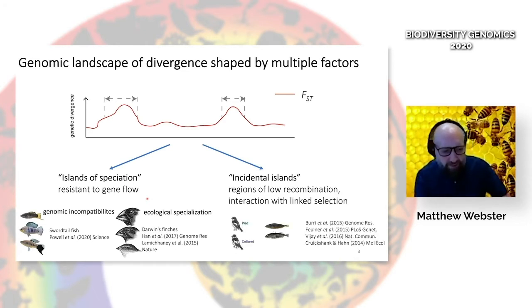But a number of studies have also identified genomic islands that occur in regions of low recombination, which is more consistent with these being incidental islands.